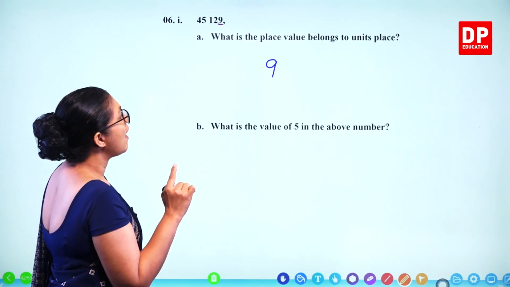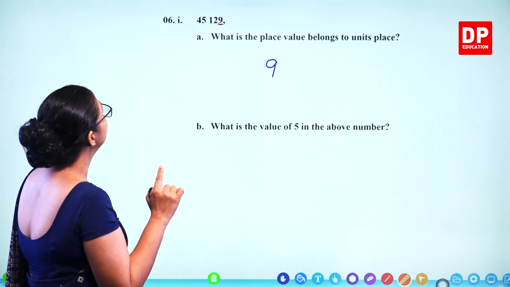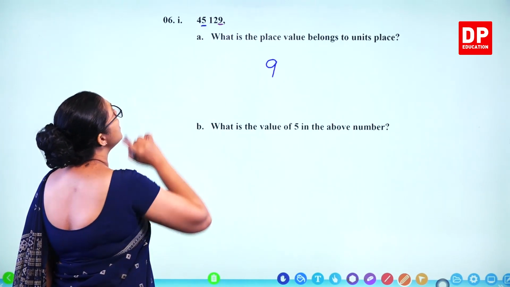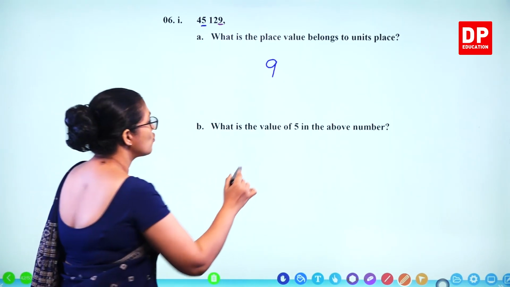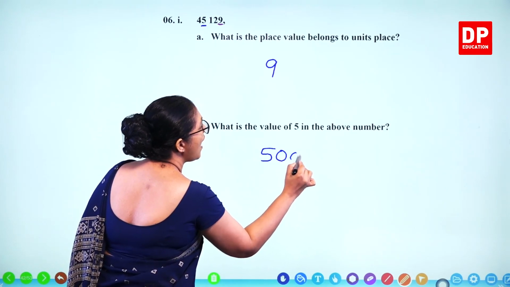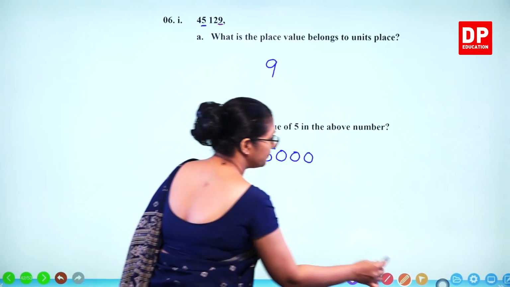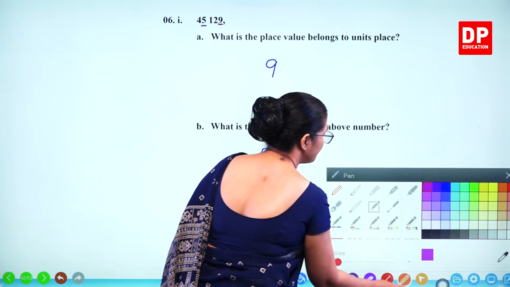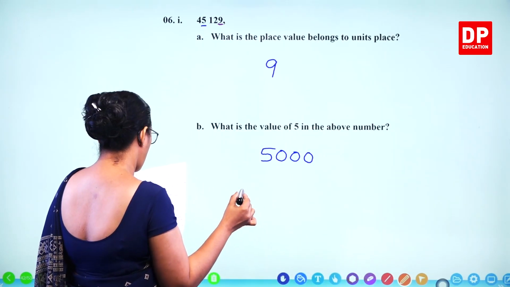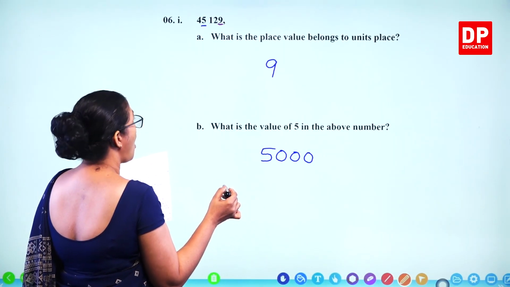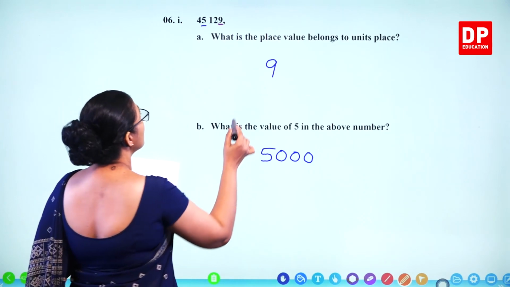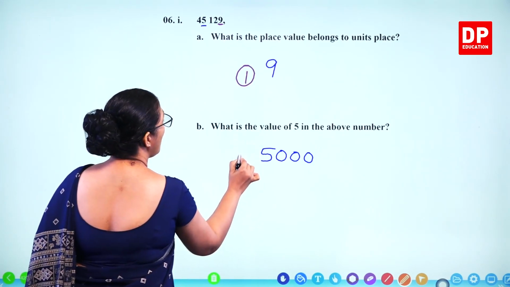What is the value of 5 in the above number? 5 is in the thousands place. So the value is 5,000. So how many marks are you getting? 1 each.